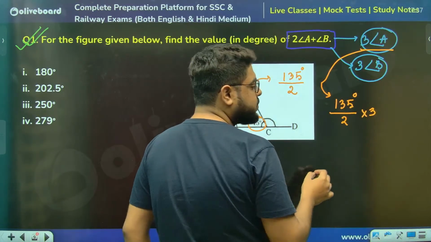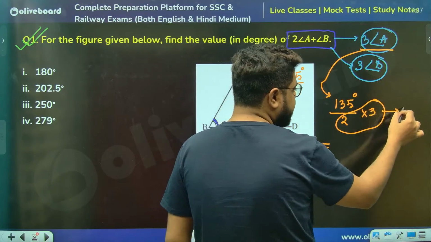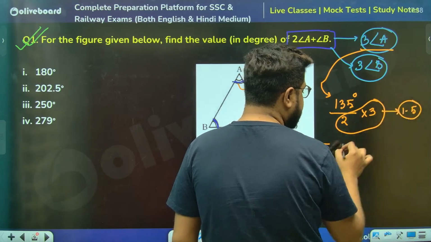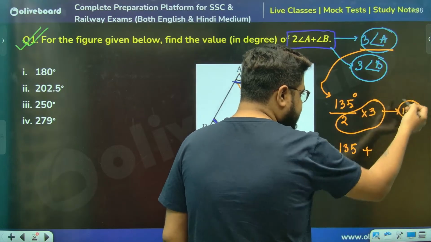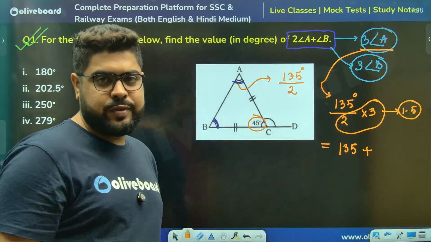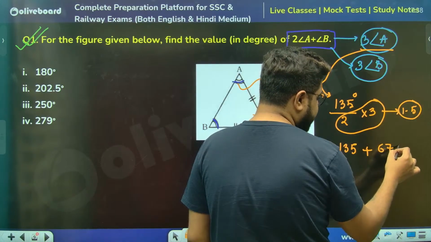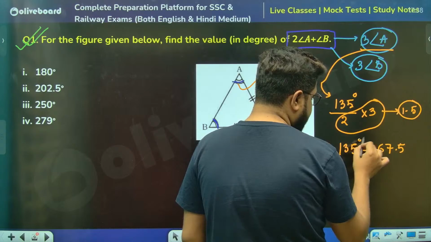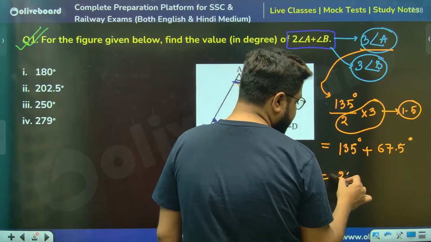Let's calculate. 3 by 2 means 1.5. So 135 into 1 is 135, and 135 into 0.5 means 135 by 2, which is 67.5. So 135 and 67.5 gives 202.5.